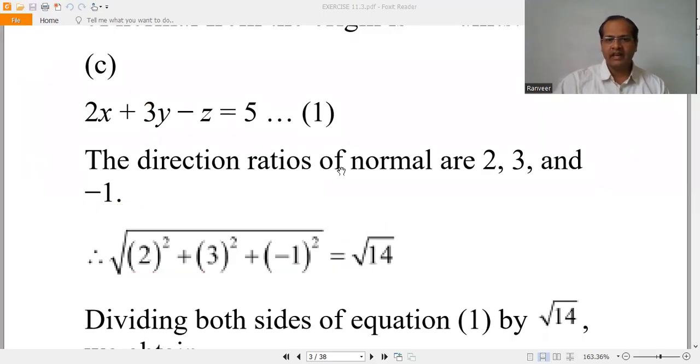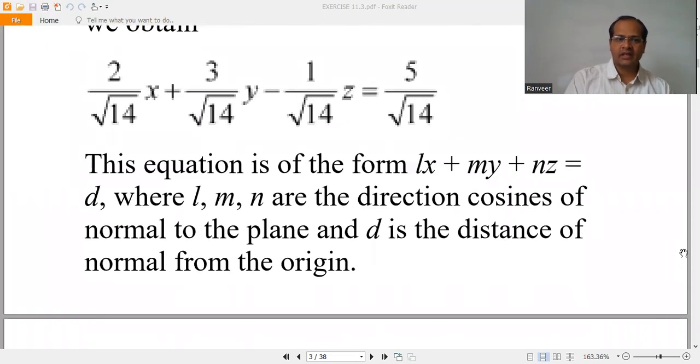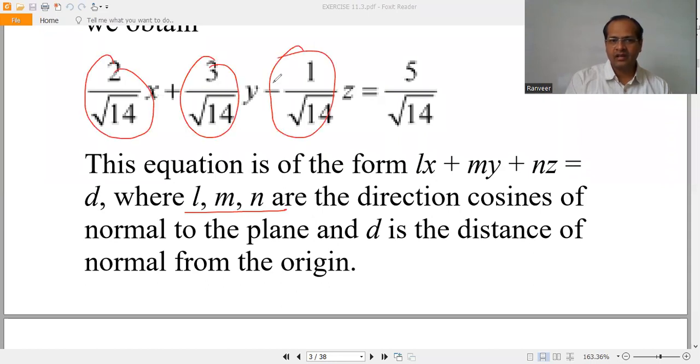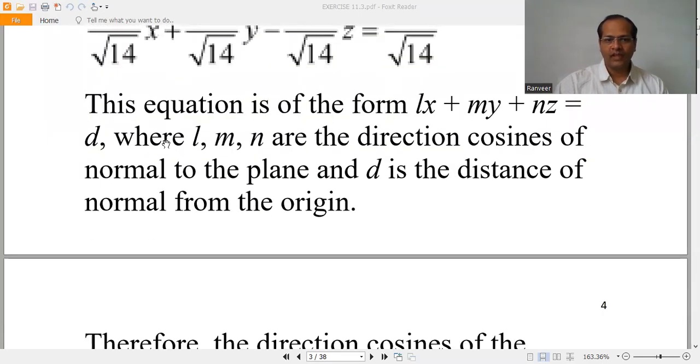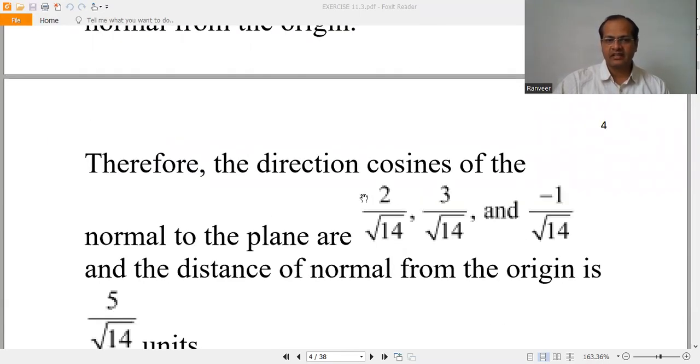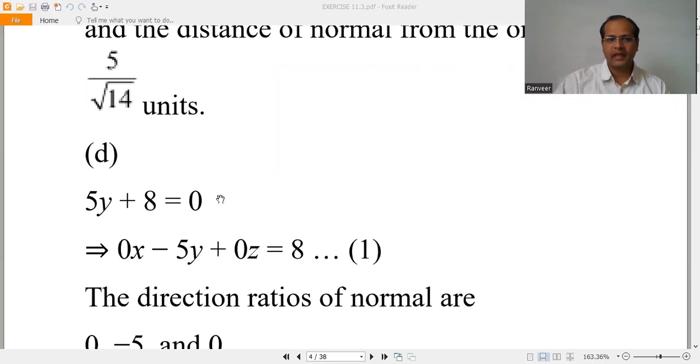So when we divide, we are getting 2 by √14 x, 3 by √14 y, minus 1 by root under 14 z equal to 5 by root under 14, in the format Lx plus My plus Nz. L, M, N are direction cosine. So these values are nothing but the direction cosine, and D is the distance of normal from the origin. So direction cosine is this, and distance of normal from the origin is 5 by root under 14.